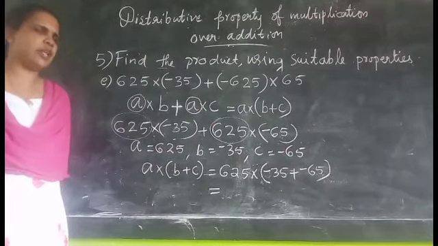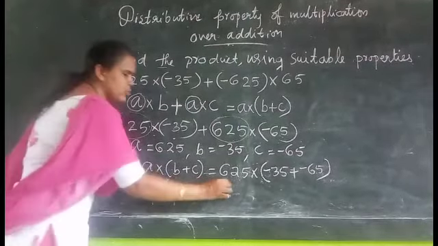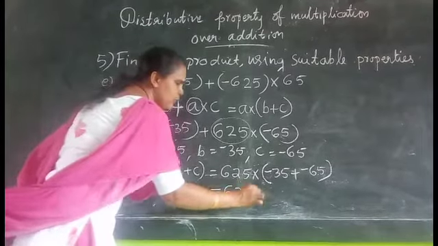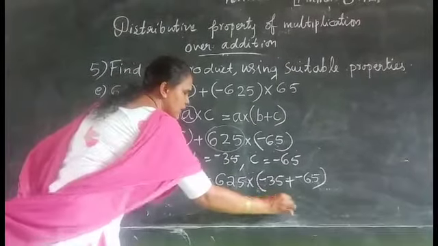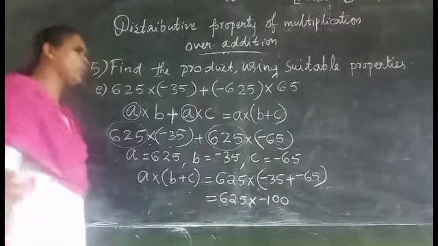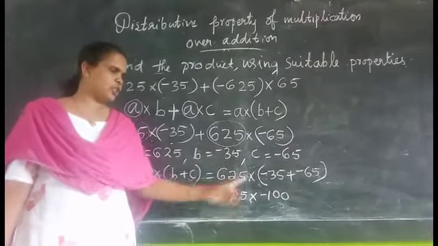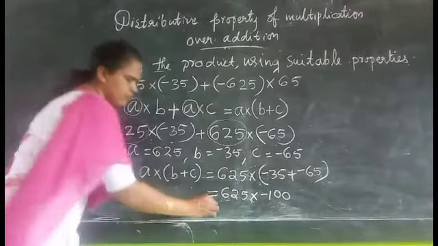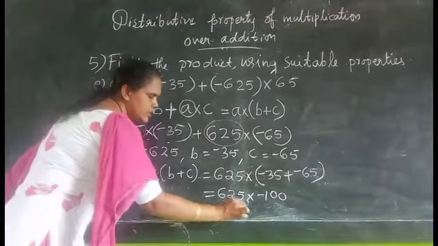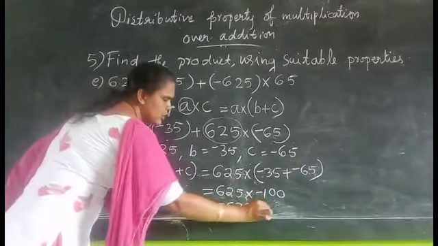Negative 100. 625 into negative 100. It is easy to find the product of 625 and 100, because it is 625 with 2 zeros.